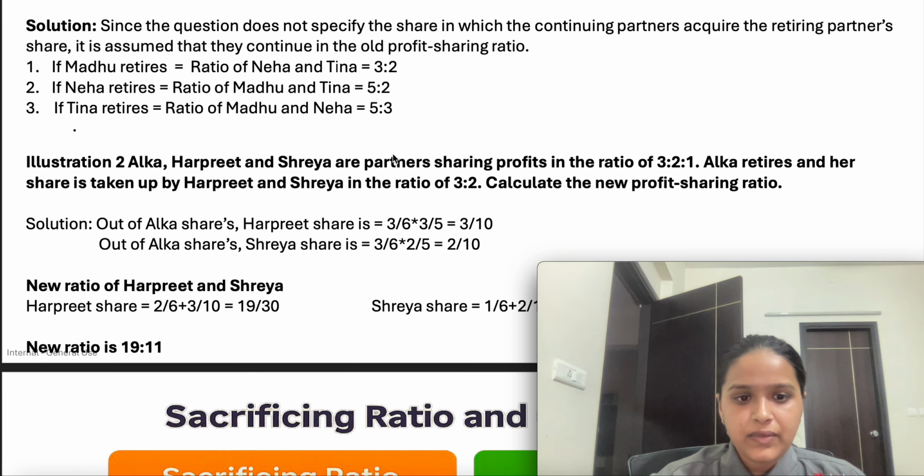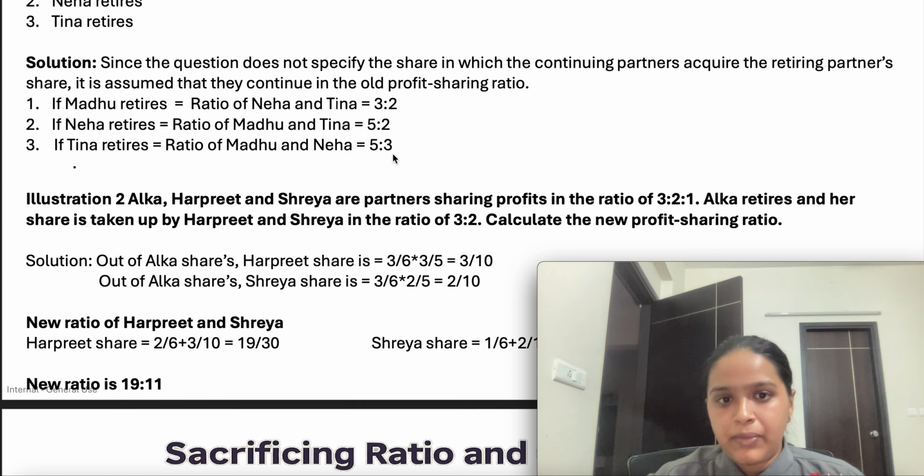Okay, second: Alka, Harpreet and Shreya are the partners in the firm, and they are sharing the profit in the ratio of 3:2:1. If Alka retires and her share is taken by Harpreet and Shreya in the ratio of 3:2, it means Alka's share is 3/6, or 1/2. Whatever Alka's share is, it will be distributed in the ratio of 3:2 between Harpreet and Shreya.